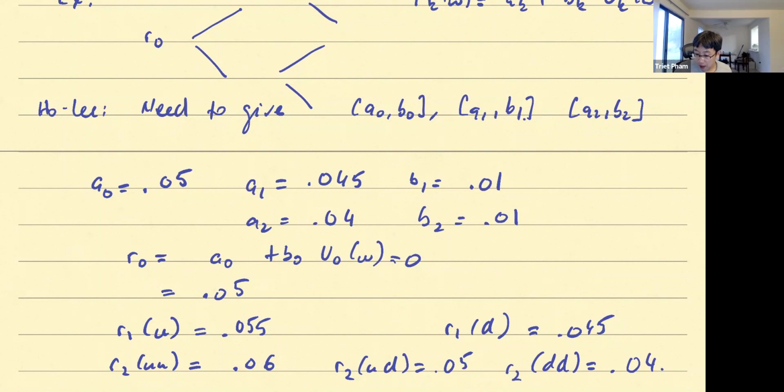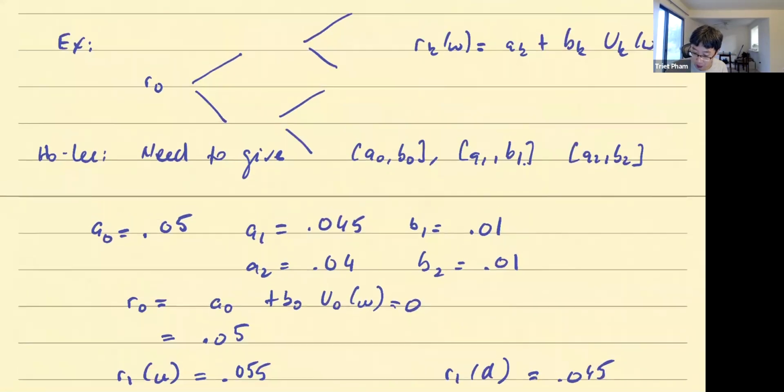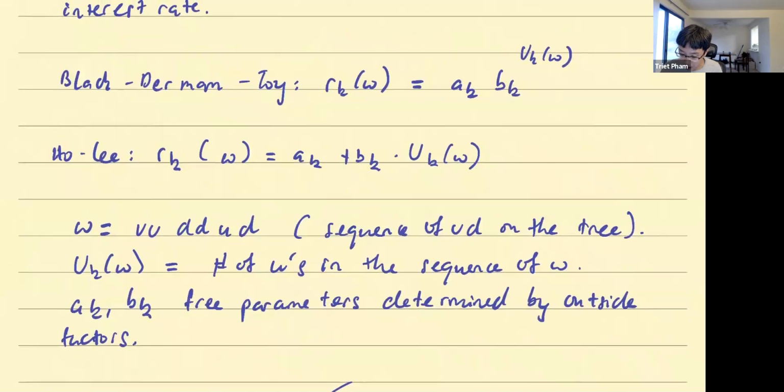So that's how you populate the interest rate at these points. Okay. Now, what else do we need? Of course, I hope you can do the same thing with the Black-Derman-Toy model.